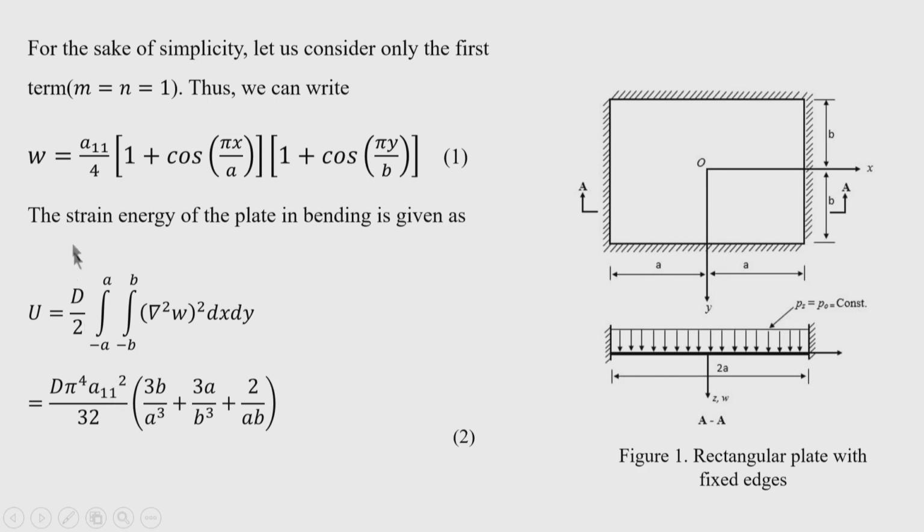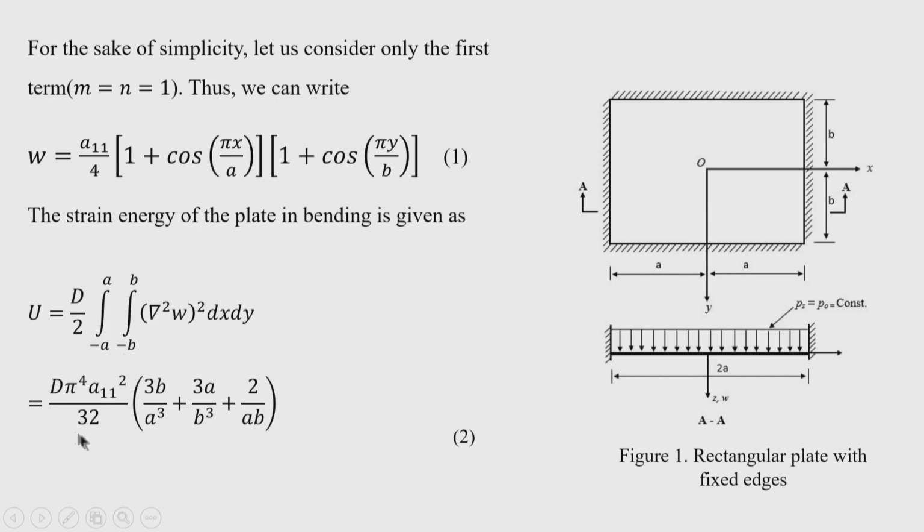This is because when we differentiate this expression 2 times, the A11 by 4 constant will appear as it is, and when we square it for the calculation of strain energy, we naturally get A11 square.